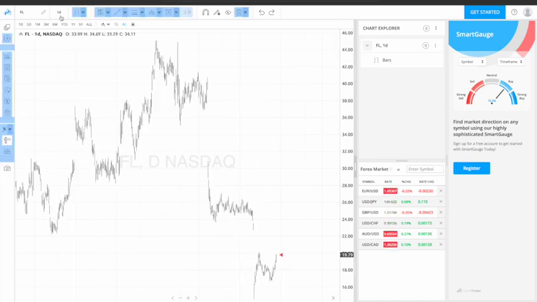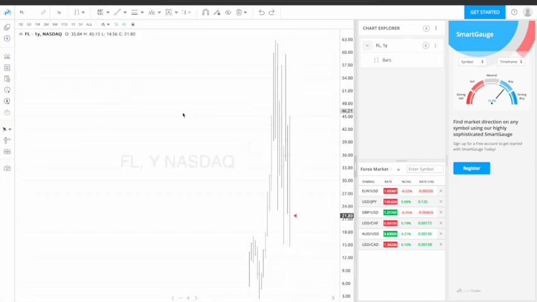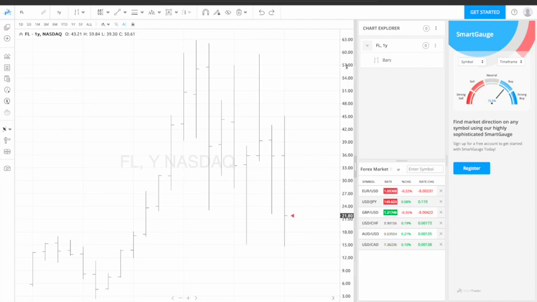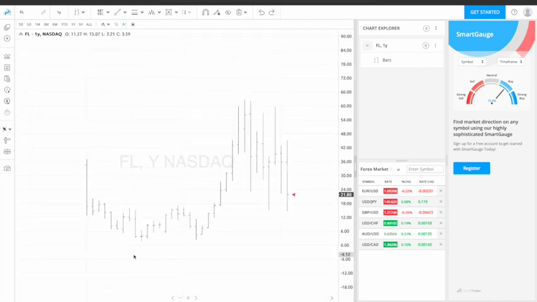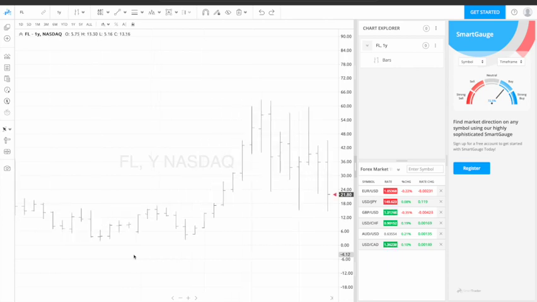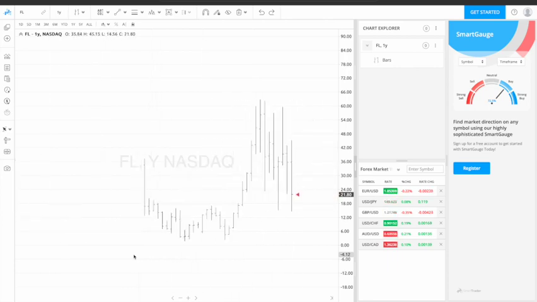The first thing that I do is change this to a yearly chart, because I want to see overall how we're performing, as well as where we are in the move, so to speak, or what to expect.